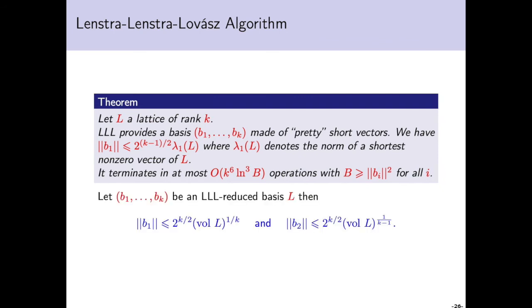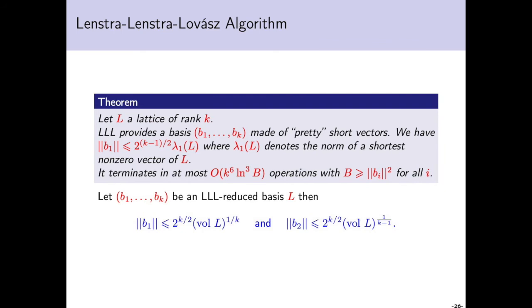So, you remember I mentioned an invariant called the volume of a lattice. This is the volume generated by the basis. And LLL returns, in particular, two vectors whose norm can be estimated thanks to the initial volume of the lattice.